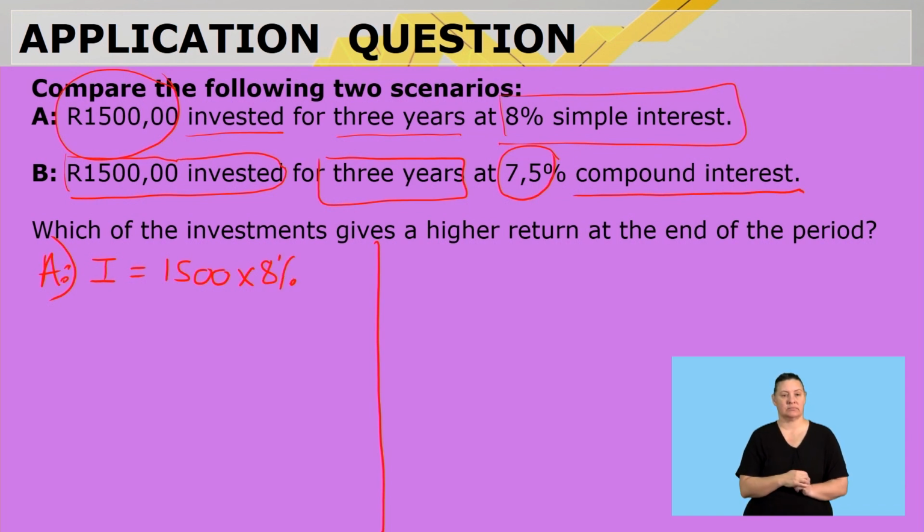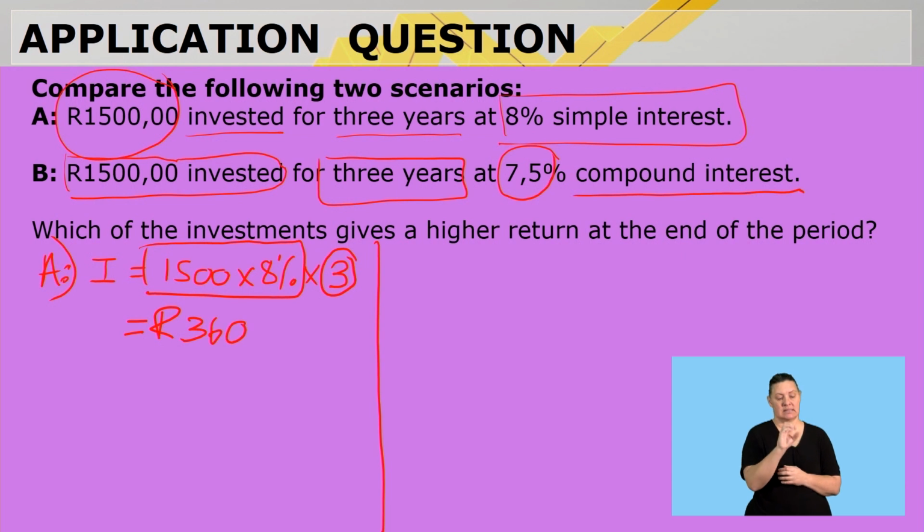And now you can just multiply by 3 to get our interest value. Why? Because it's the same calculation for 3 years' time. And that will give us 360 Rand.